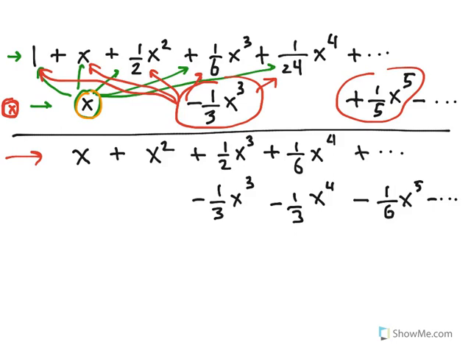So I have now x times 1/24 x to the fourth, which is going to give me 1/24 times x to the fifth.